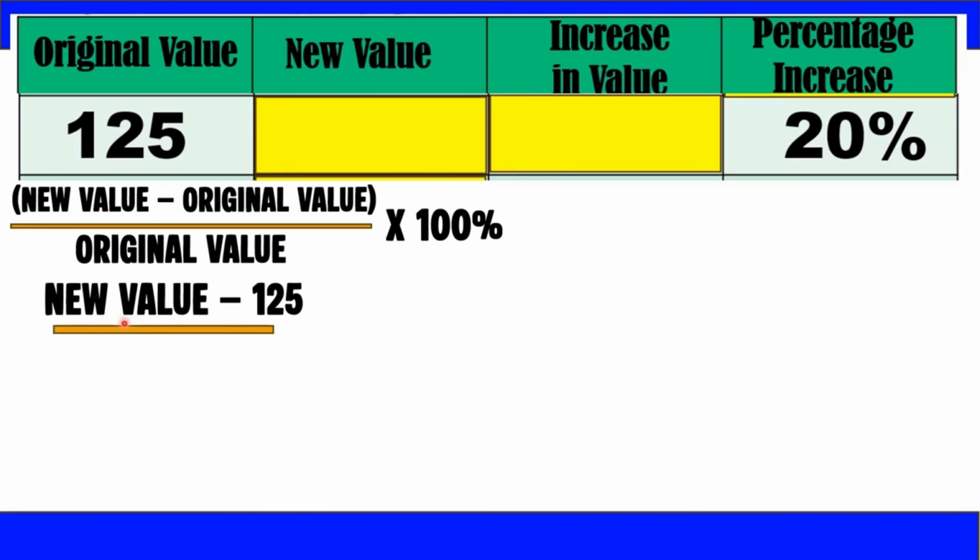New value is unknown, minus the original value 125, divided by the original value 125, times 100. So we cannot use this formula in finding the new value and increase in value. So we have an alternative solution.